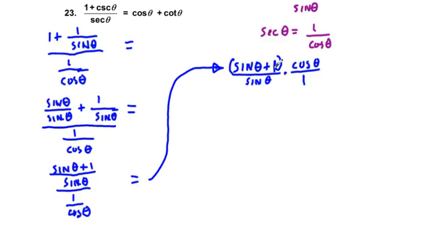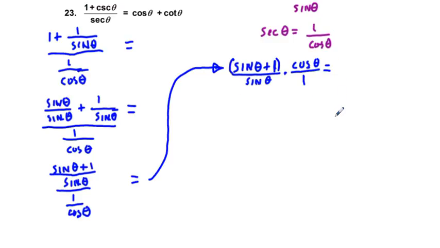And then I've wrapped this numerator, sine theta plus 1, in parentheses. Okay. And so what we have now is this cosine theta over sine theta becomes cotangent theta.